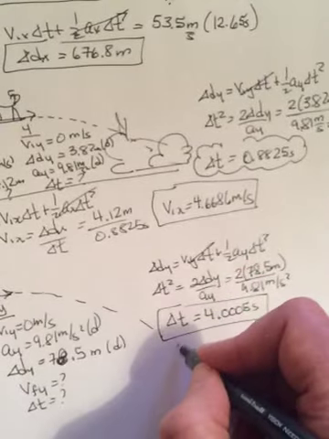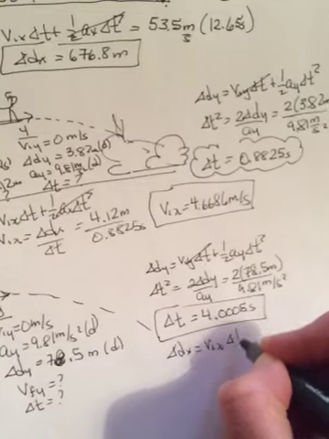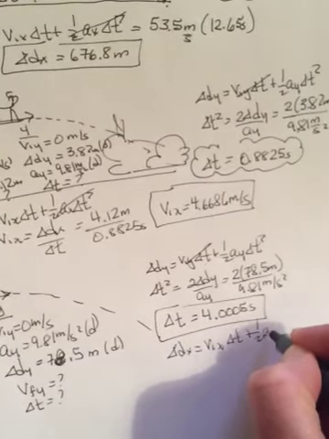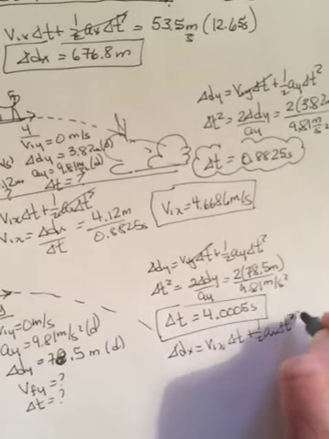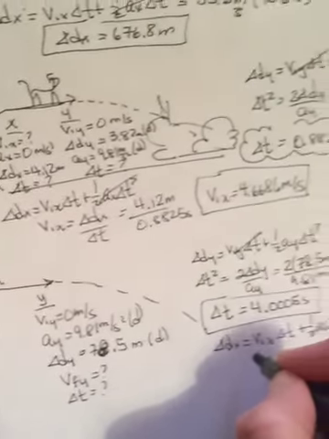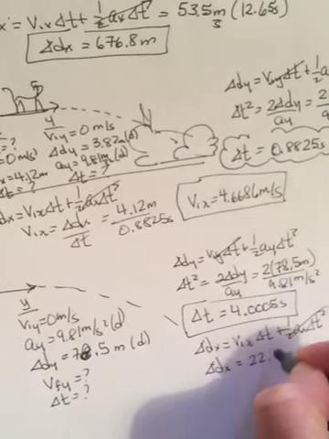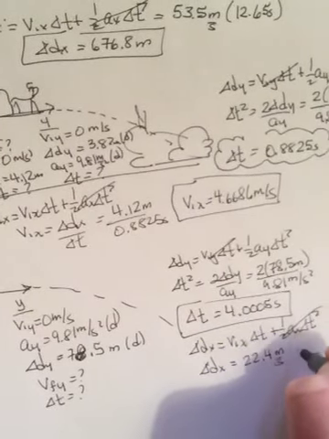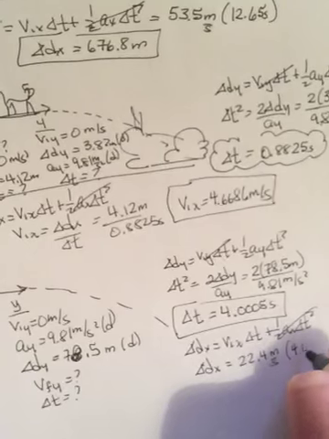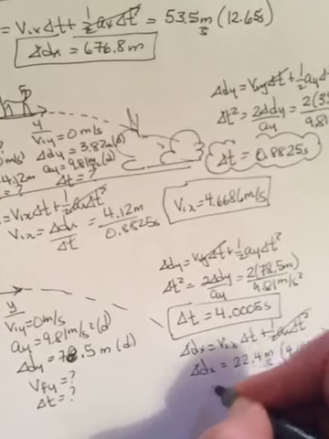Okay, then in the x direction, delta dx is equal to vix delta t plus 1/2 ax delta t squared. This term goes to 0, and we're looking for delta dx. So delta dx is equal to 22.4 meters per second was my vix times the 4 seconds.